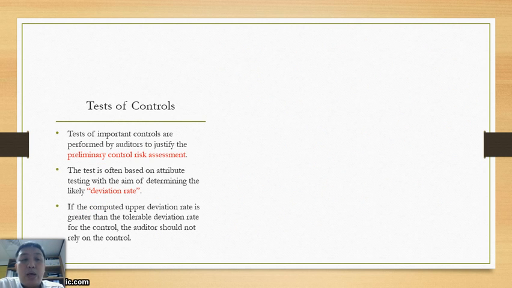Okay, to put what we have discussed in perspective, auditors perform tests of control. They will test important control to justify the preliminary control risk assessment that they have. When we say preliminary control risk assessment, we are referring to planning.